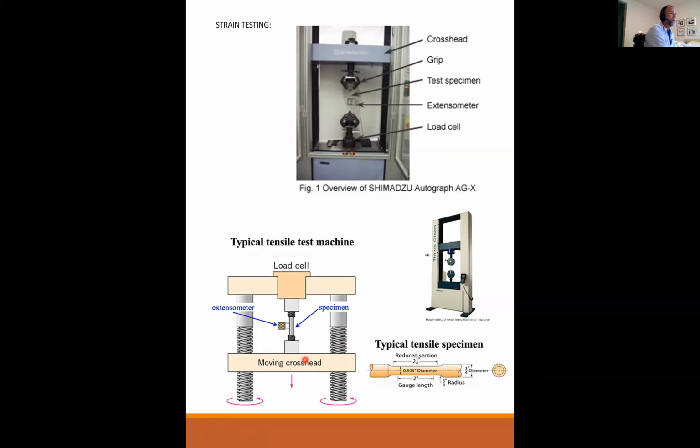So it's not based on a force, it's just moving. As this moves down, this sample is going to resist that movement with a force, and that force is resisted by the top bar here. And that force is constantly changing. It will start off really small, and it gets bigger and bigger.